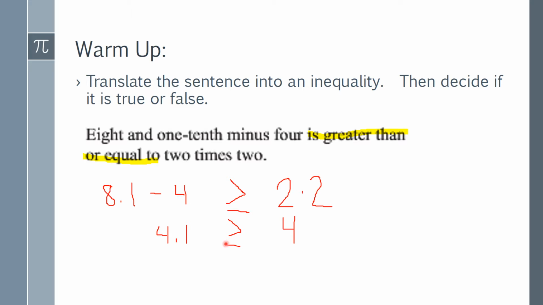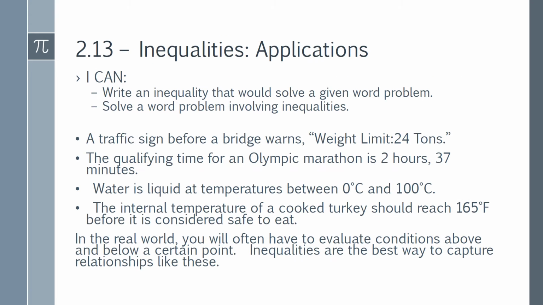So true or false, is 4.1 greater than or equal to 4? It has to answer one of those two correctly. It's definitely not equal to, otherwise they would be the exact same number. It is, however, greater than, it's more than. 4.1 is greater than 4. So that makes this entire statement true.